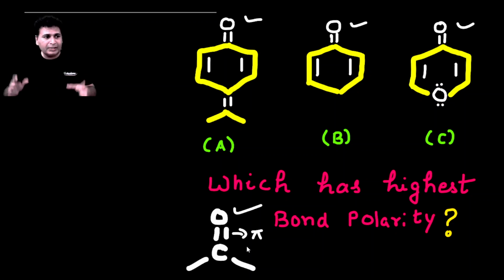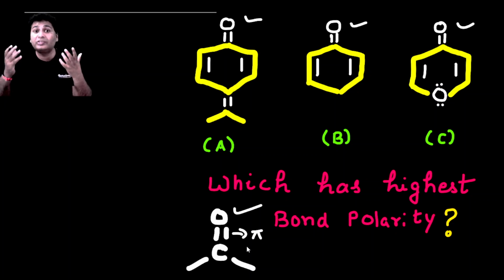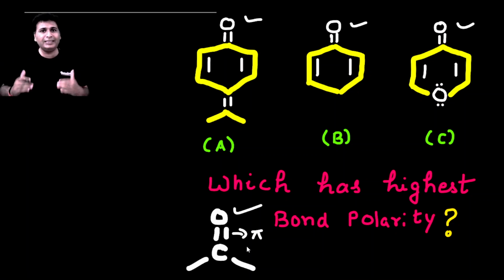Now to answer this question, first we have to shift the pi bond. After shifting the pi bond, a structure will come. That will be one of its resonating structures. If that structure after shifting of the pi bond is a stable one, then that shifting will happen with high tendency, and if it is less stable, it will happen with lower tendency.